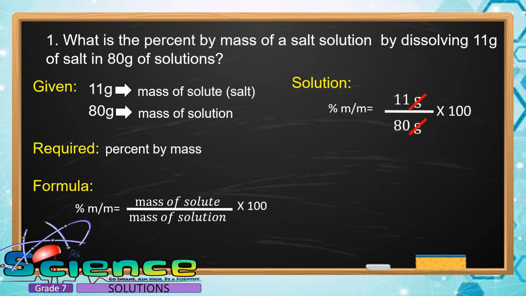So we will cancel the unit, which is the grams. 11 divided by 80 is 0.1375. Multiply by 100, it is 13.75%. So our final answer.